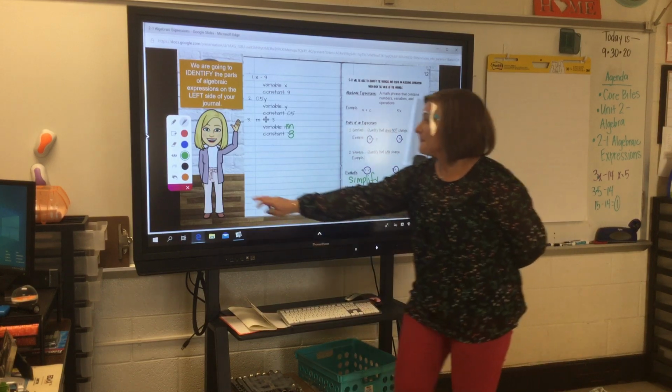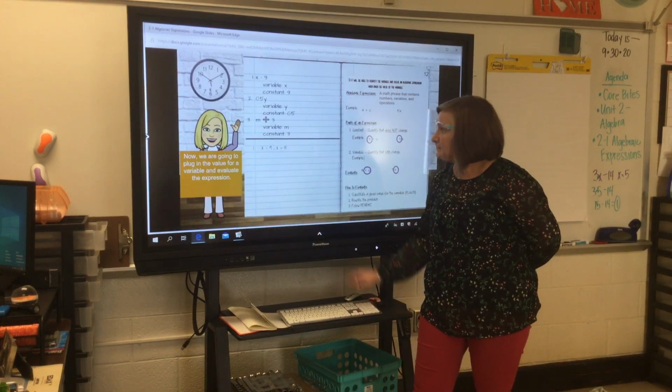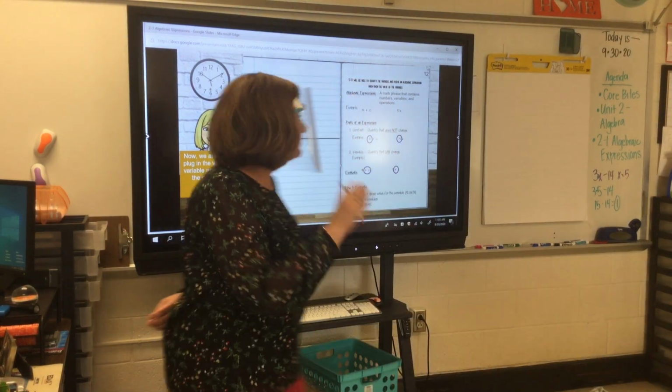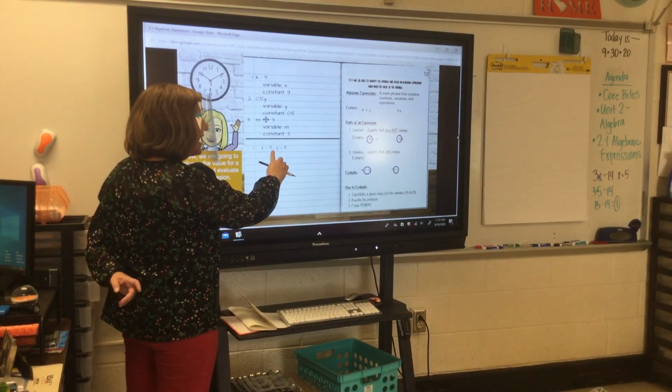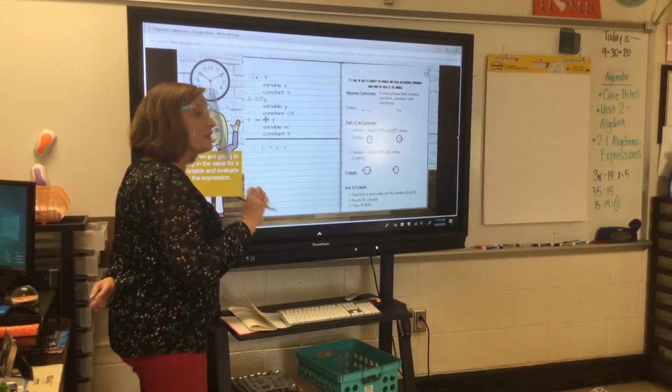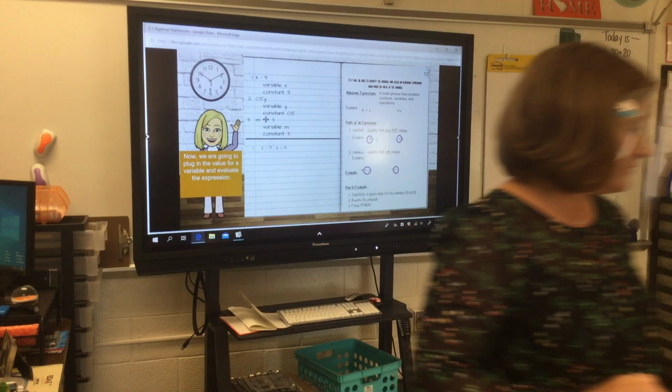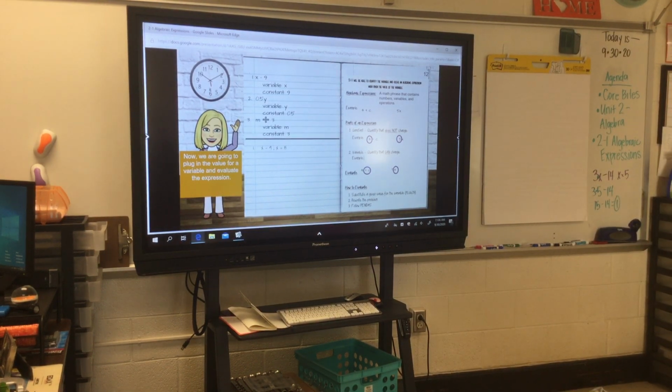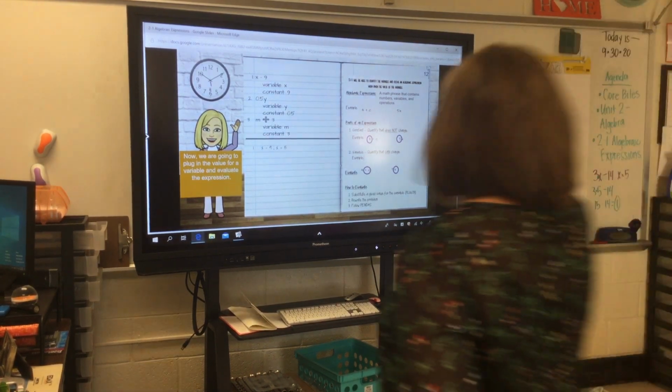We're going to use these same examples, and we're going to follow these steps. So, I want you to write down the first example again. X minus 9, whereas X equals 15. Because we're going to plug in a 15 for X. All right, if we look over here, how to evaluate.